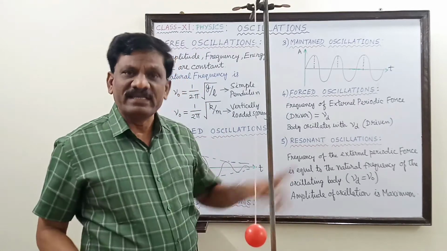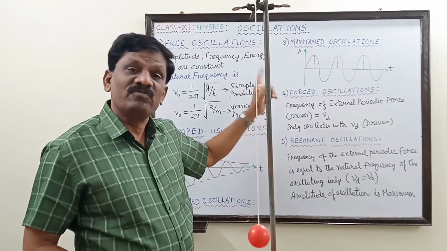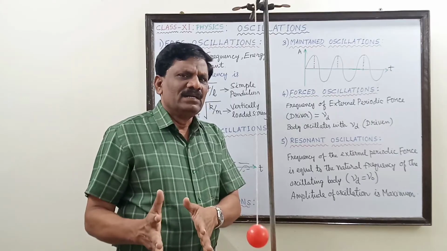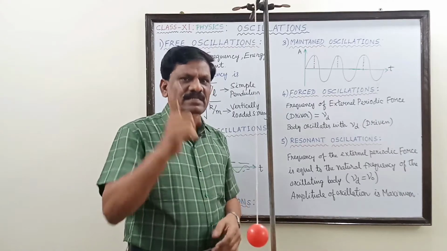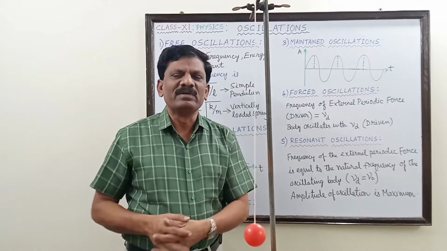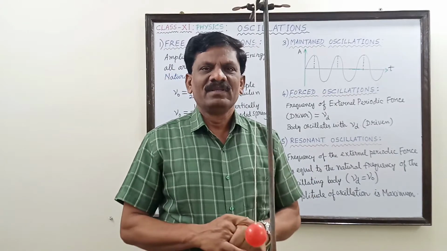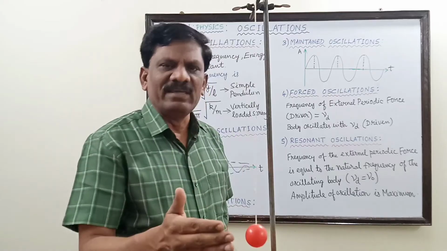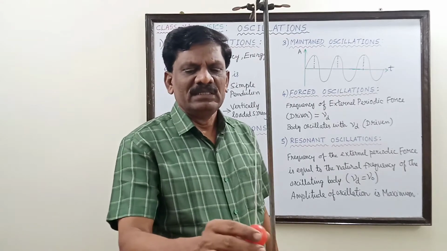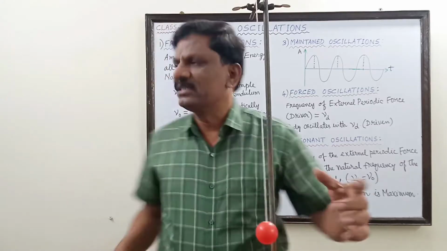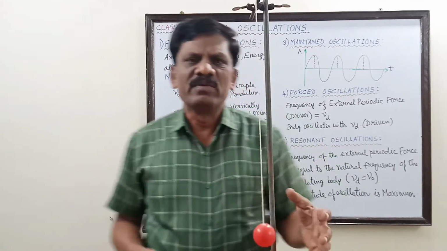Okay children, now the next one is very important, that is called forced oscillation. We are forcing the medium to oscillate with some frequency which is other than its natural frequency. We all know that for a given length, the simple pendulum has a definite frequency of oscillation, that is called its natural frequency.